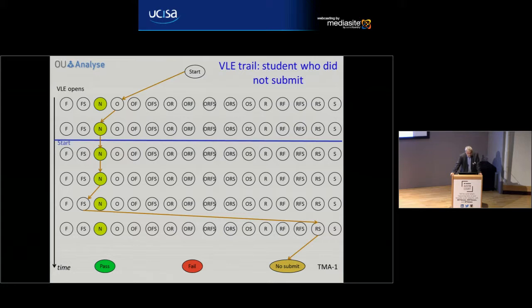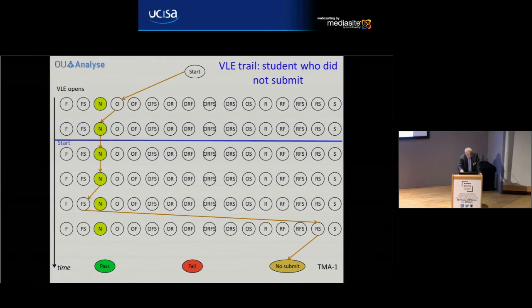This is another example of a student who didn't submit. Started with the OU content, nothing, and then there is forum and resource. This is a typical panicking pattern. On the forum, somebody told him or her, you are in trouble. In the last week, the student tried to do something with it and then resigned.